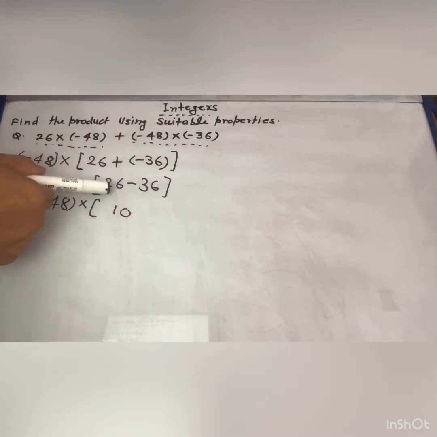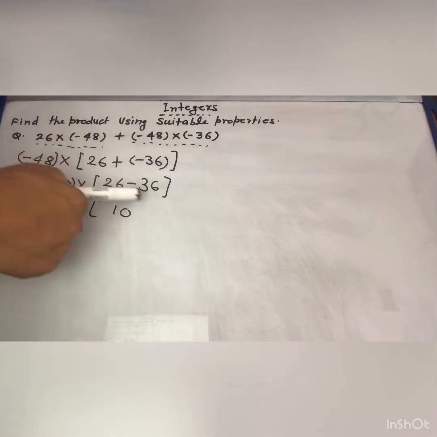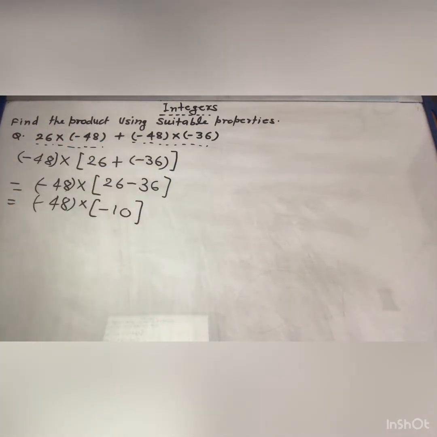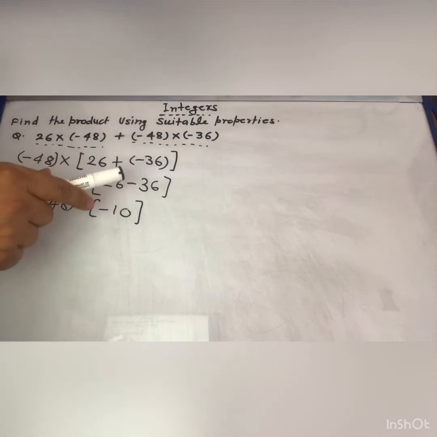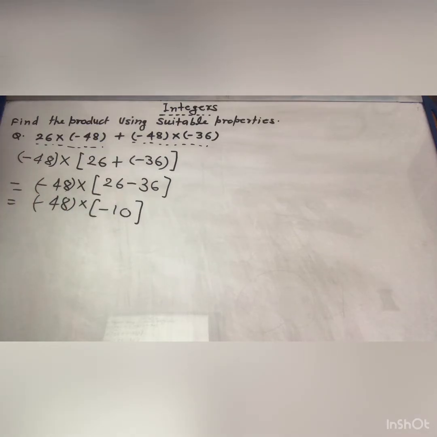Now you observe which number is greater here. 36 is greater than 26, and 36 contains the negative sign. So you mark minus 10. Means the number which is greater, whatever sign it has, positive or negative, you put that sign in the result of the subtraction.